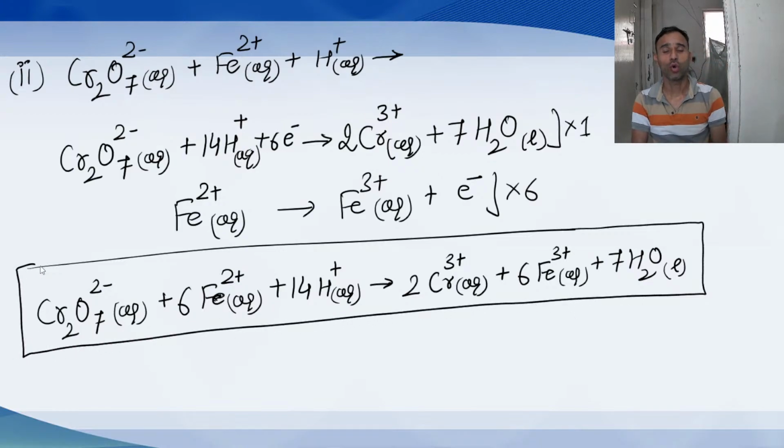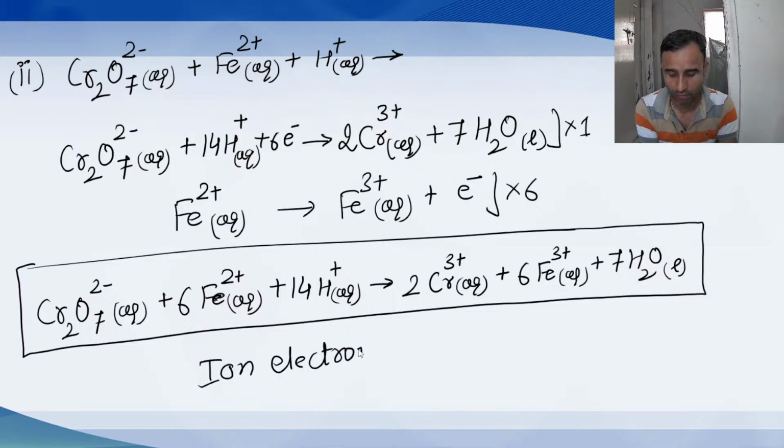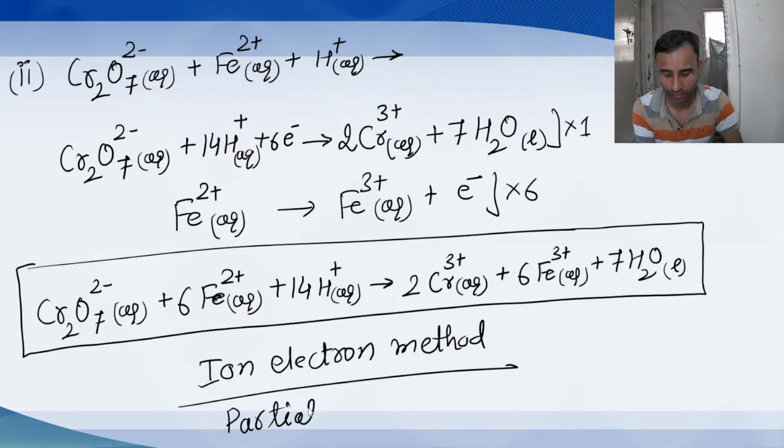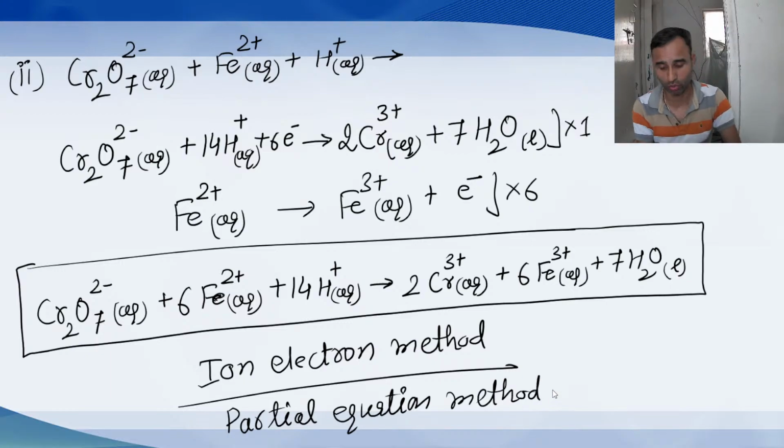That's it. So the method I have adopted here to write the balanced redox reaction is called the ion electron method, or partial equation method, or half reaction method.